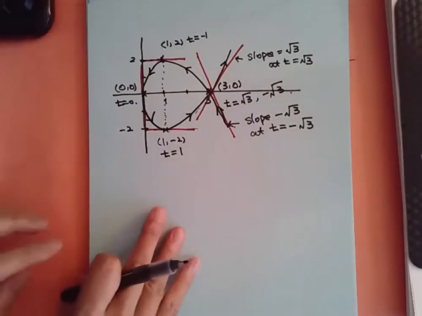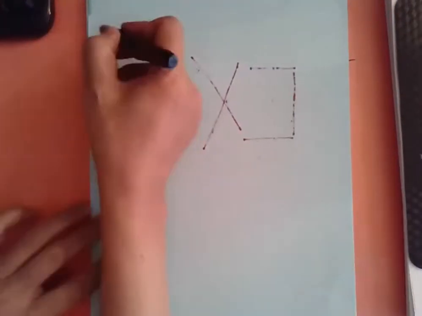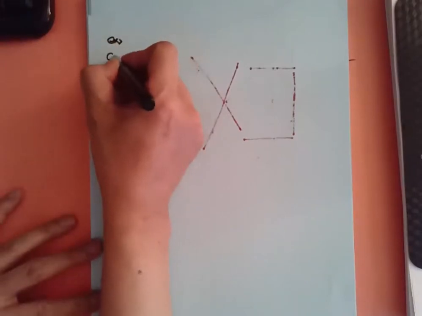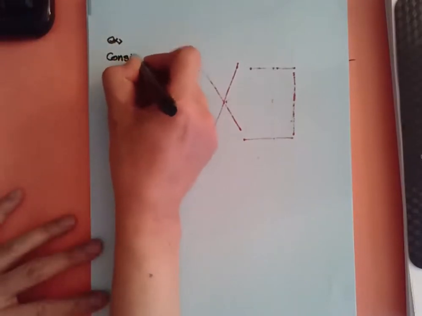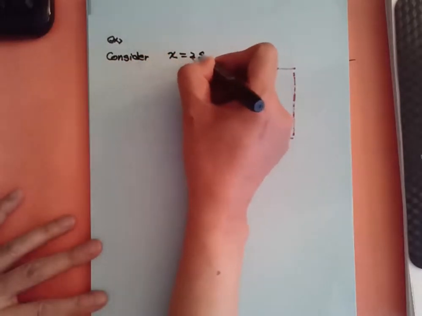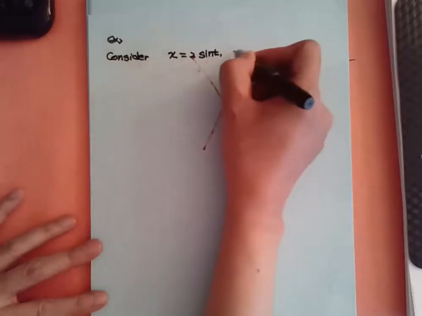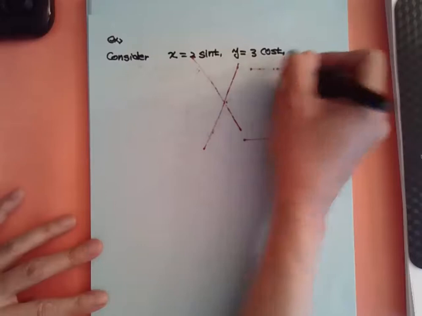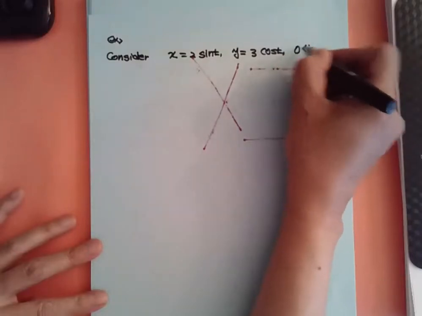Let's move on to the next problem. The next problem is: consider x equals 2 sine of t and y equals 3 cosine of t, and t is from 0 to 2 pi.